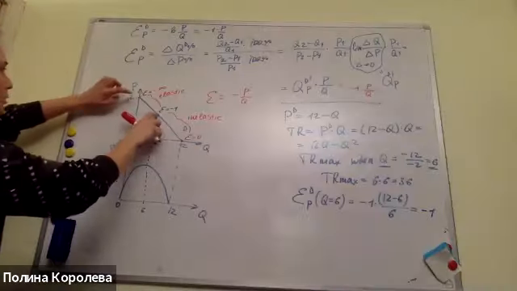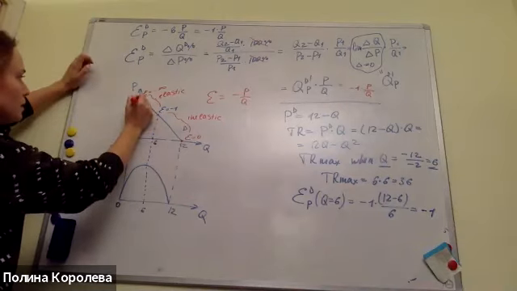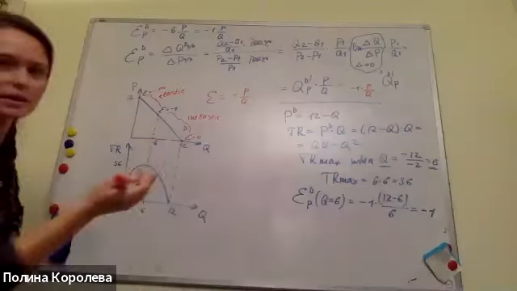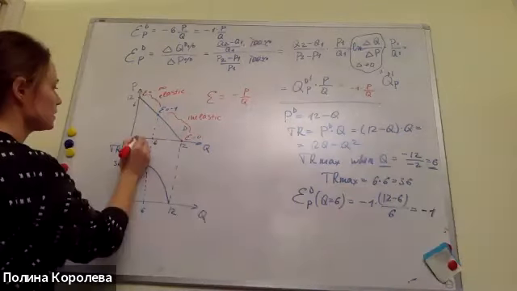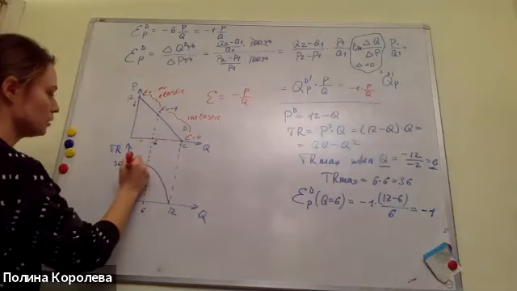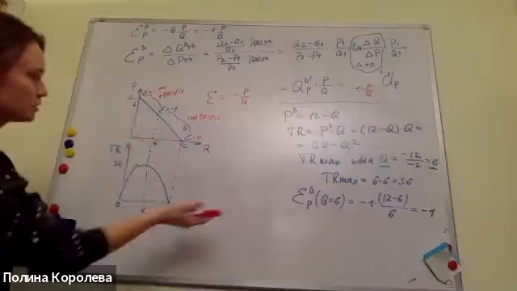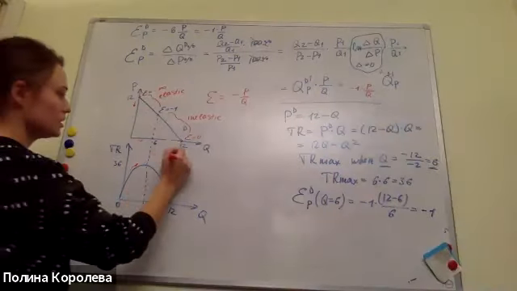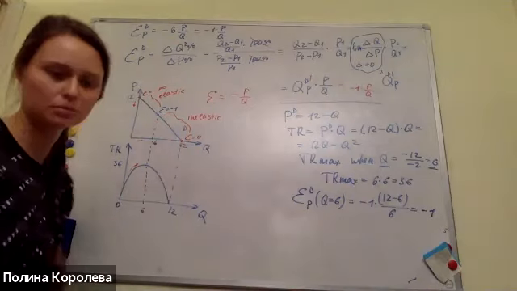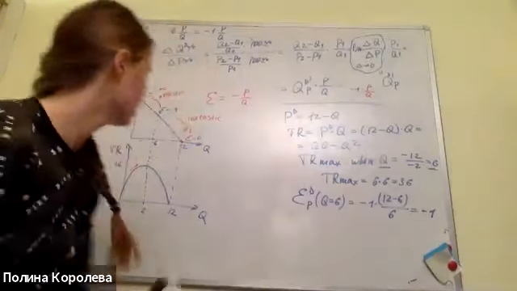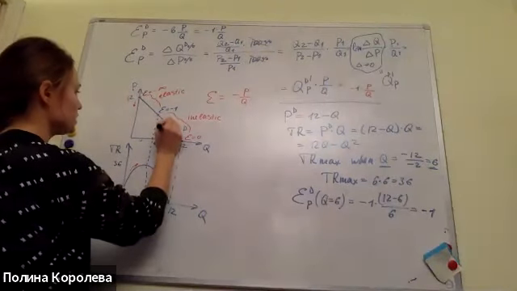If we work on the elastic part, if we increase the price, quantity will decrease. Demand will be lower. So I think we should probably decrease the price. Yes, we should decrease the price. You understood why? If we decrease the price, quantity will increase, and we have total revenue closer to the maximum. And if we work on the inelastic part, it will be vice versa. We should increase the price to move here.